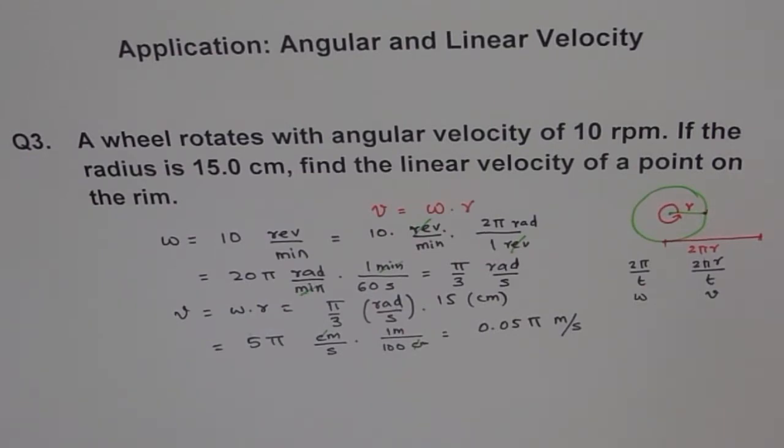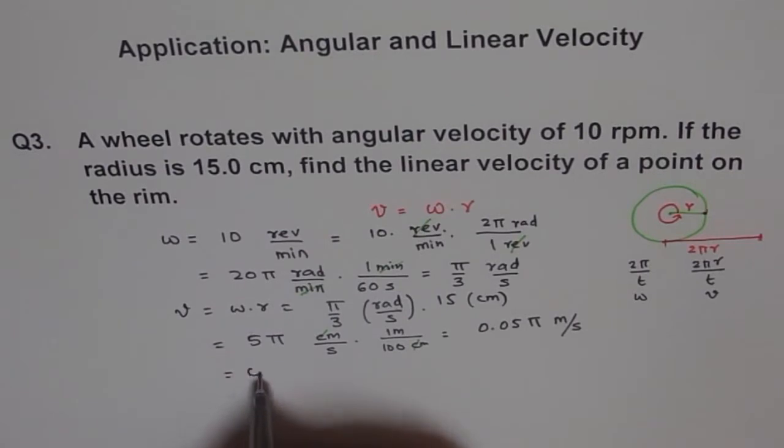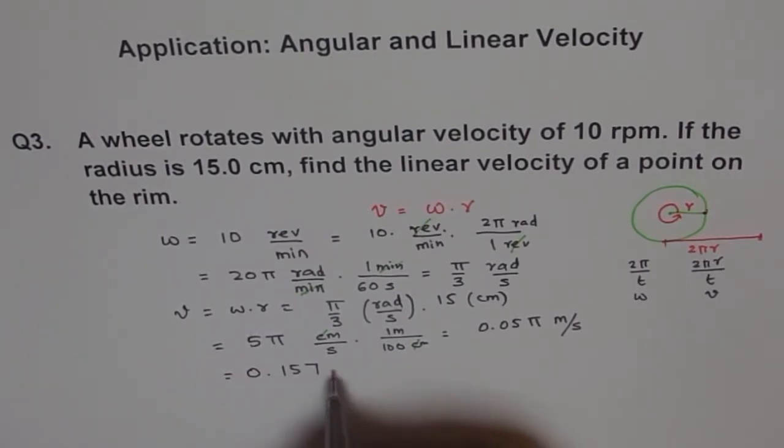Now if you need answer to 2 or 3 decimal places, you can always use your calculator and say 0.05 times pi, which is 3.14 for most calculations, and we get 0.157 meters per second. So that's our answer for the time being, right?